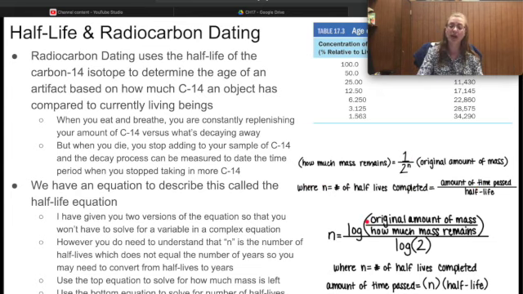Or if I give you the original amount of mass and I'm asking how many years have passed or how old something is, we could compare the original amount of mass to how much mass remains, and that will give us the number of half-lives that have been completed.